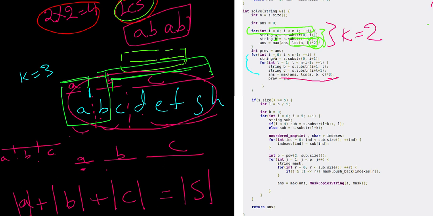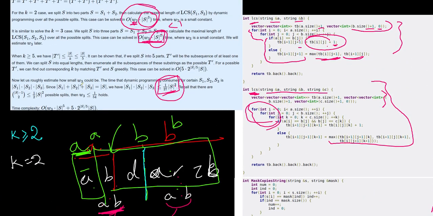So we get A, then B, then C for all possible values, and the cost of this is half of S squared.